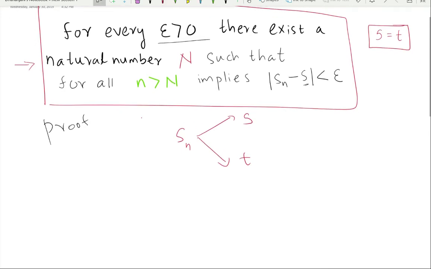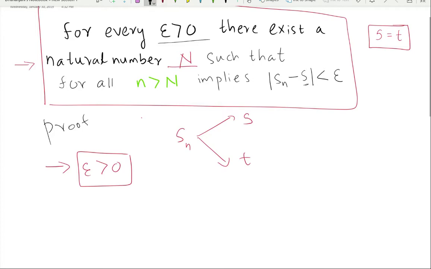So to do this we are going to use the definition. Now according to the definition, let's say we consider epsilon greater than 0, an arbitrary positive number. Since the sequence is convergent, for every positive number there exists a natural number, let's call it N1.